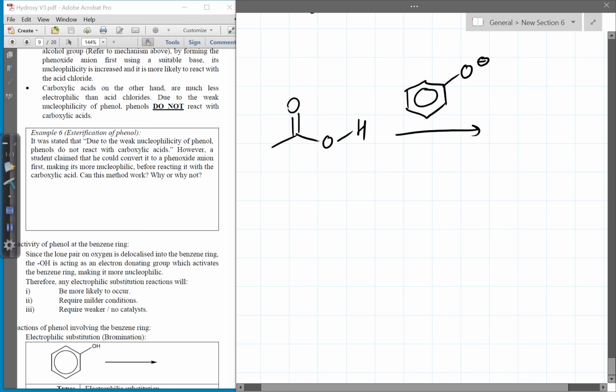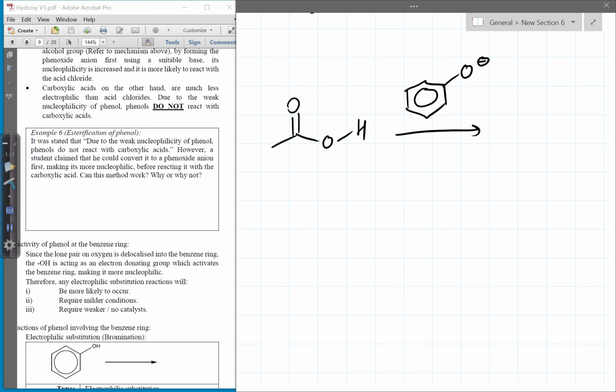In other words, he's trying to propose this, right? Since phenol itself doesn't react with it, correct? Why not I deprotonate it, make it more nucleophilic to attack it by using the same idea as just now? Can it work? What do you think?